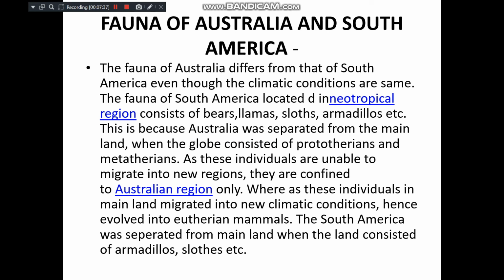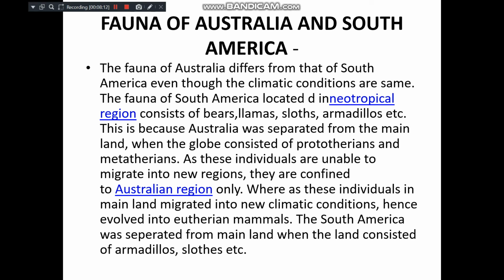Even the fauna of Australia and South America are climatically the same, but South America, in the neotropical region, has bears, llamas, sloths, armadillos, etc. And Australia was separated from the mainland, where long before the Prototherians and Metatherians were there.